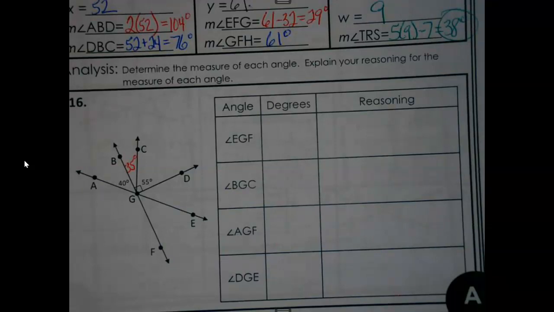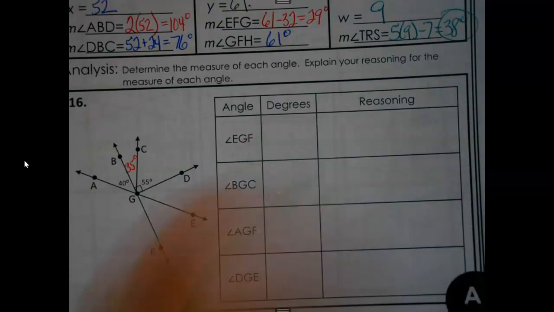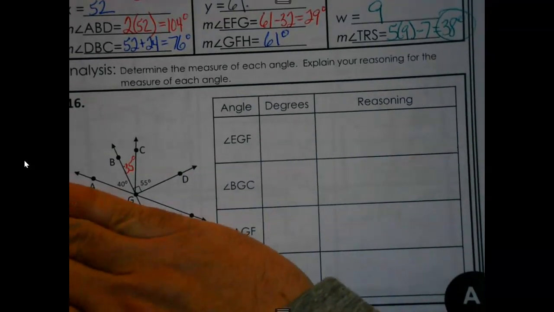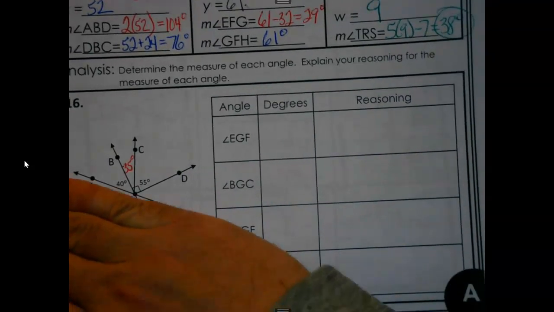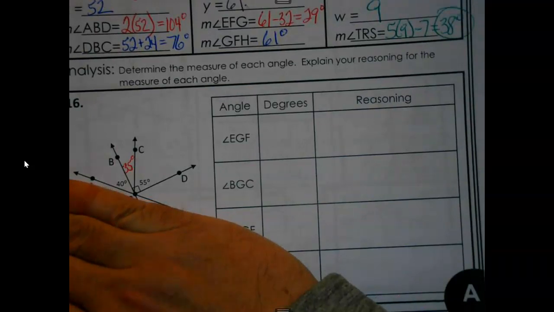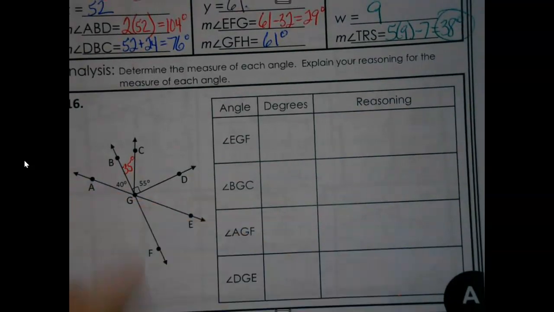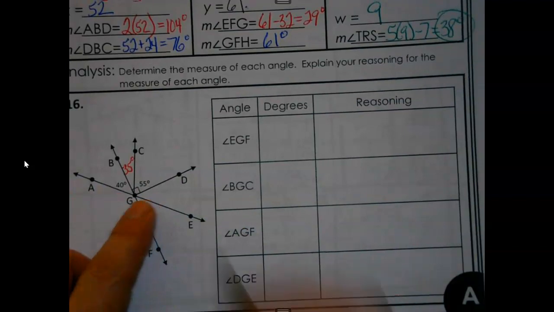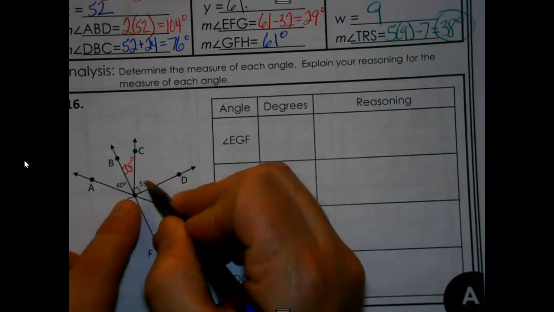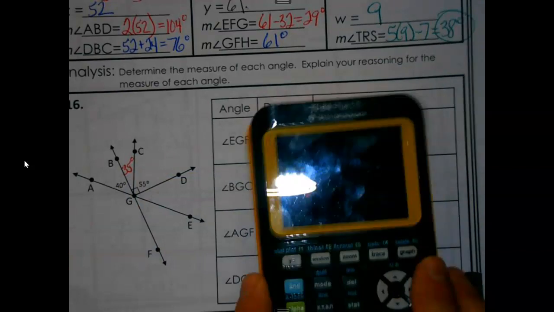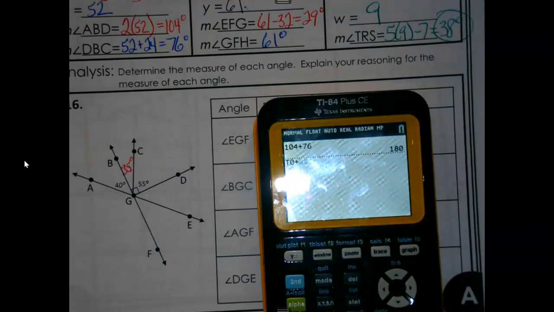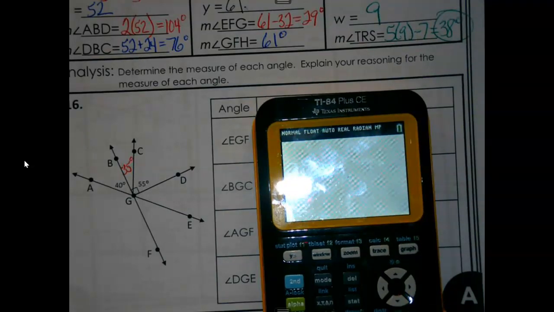Because then even I could look and say, well, wait a minute. These all make a straight line. So to figure out this part, I'd add these up. So let's do that quick. Whoops, that ended up being T. I don't know where T came from. Because if I look, let me clean this up.